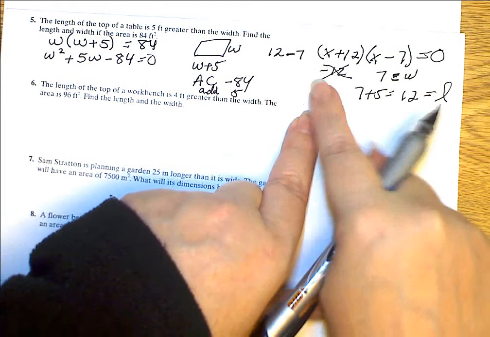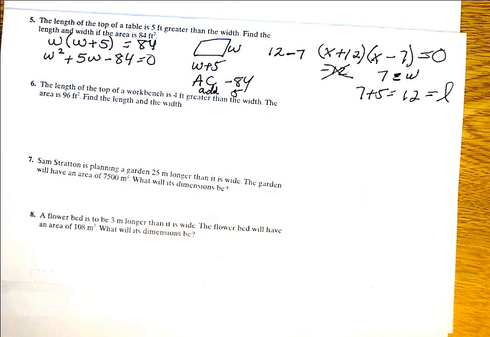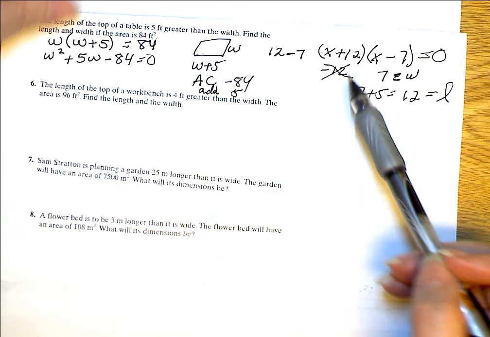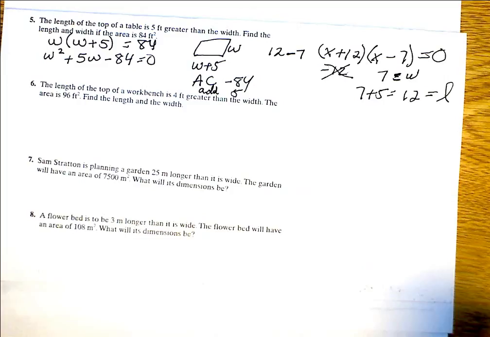And we're finding the length of a table. So because a length cannot be negative, you would cross out any negative. If you're doing a story problem, more than likely your negatives are going to be gone. Even like speed, you can't do a negative. Even if you're driving backwards, it's not going to be a negative speed. So in most story problems, the negatives are going to be gone. Yep. All right.